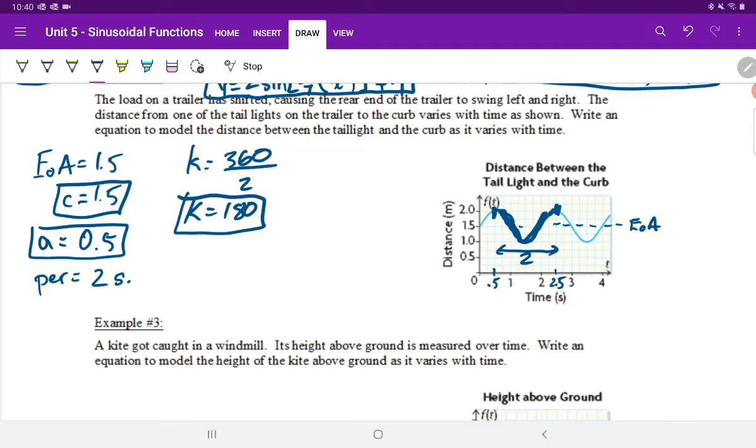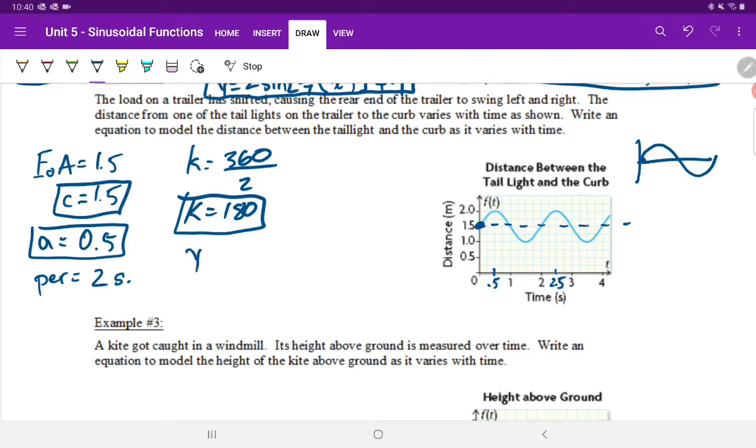Okay. Now let's write out our equation and let's choose whether we want to use sine or cosine. Well, I know that sine is supposed to start at the EOA and the y-intercept, which this does. So it'd be easiest to use the sine function, because it's starting at the EOA and the y-intercept, because it would have no phase shift.